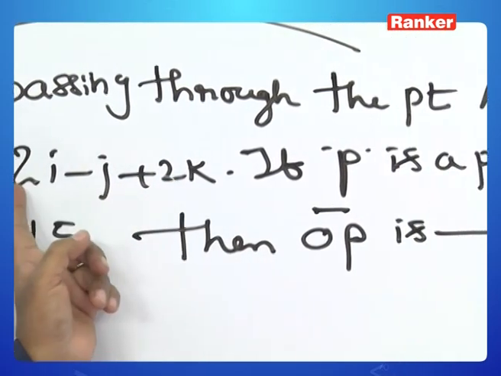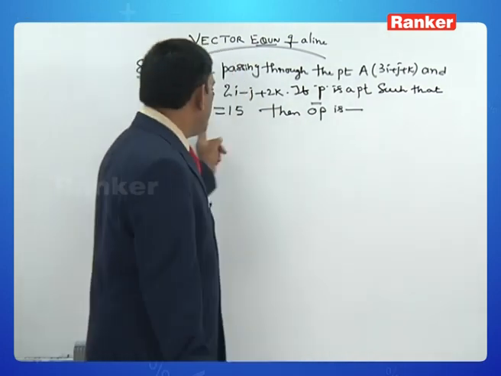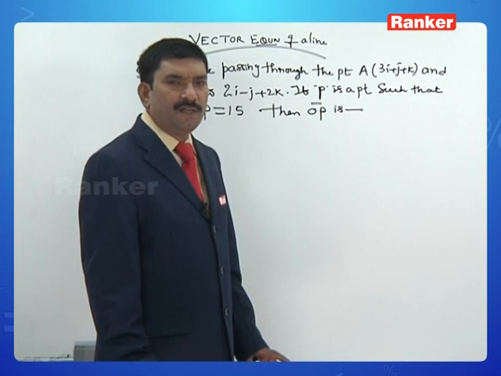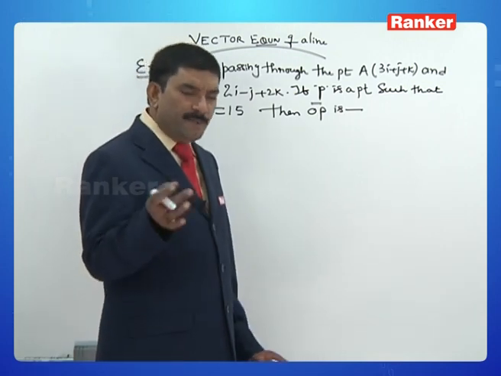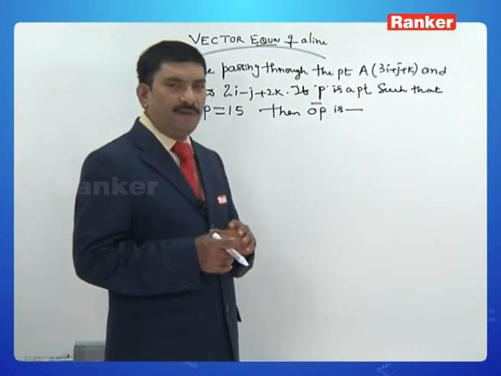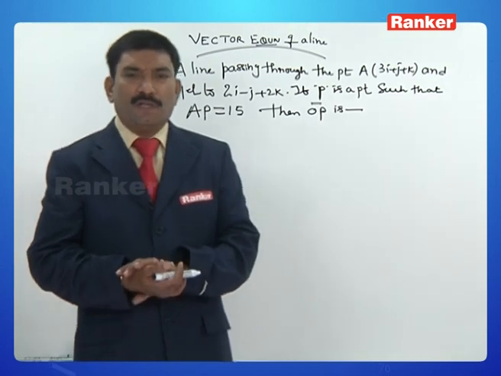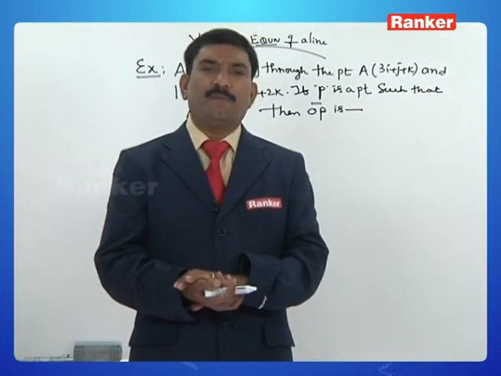Sometimes they give the vector, sometimes directly. If P is a point such that AP is equal to 15, P is a point on the line, its magnitude is given, then we are supposed to find the position vector of the point P.